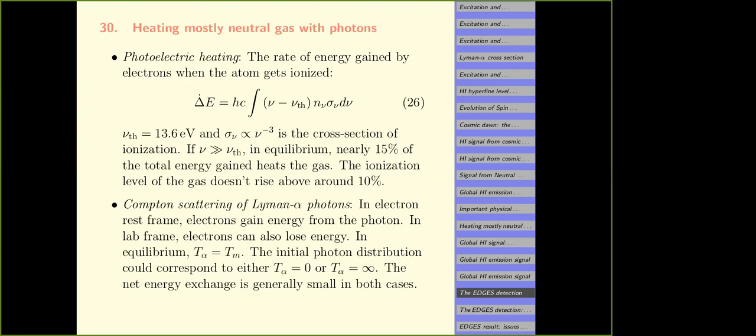Yes. But suppose it's hydrogen cooled gas, then the first structure forms around 10^8 solar masses. And 10^8 solar mass has a virial temperature of close to 10^4 K. The heating from X-rays is rarely above a temperature of 1000 degrees.